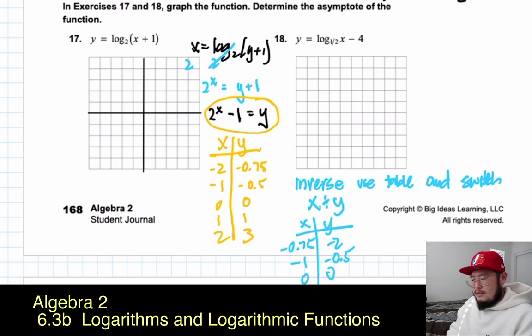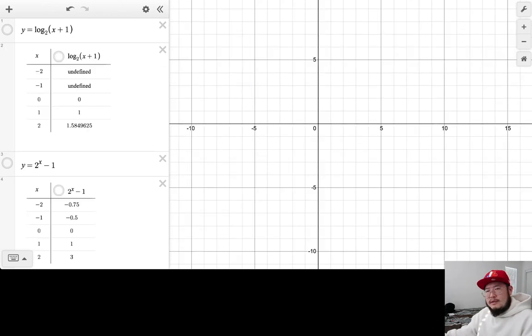All right, so let's see what happens. Let's put it all together. Let's take a look over here on Desmos. So we have the original function, which is what we're trying to find.